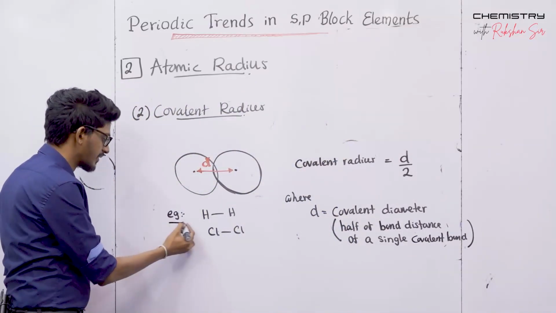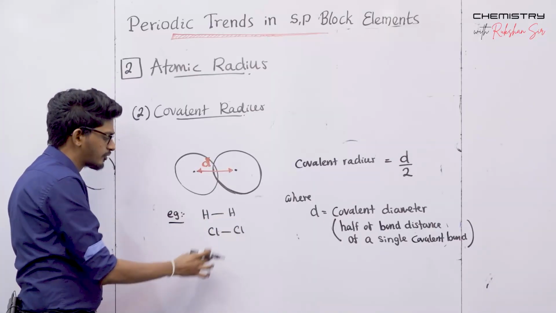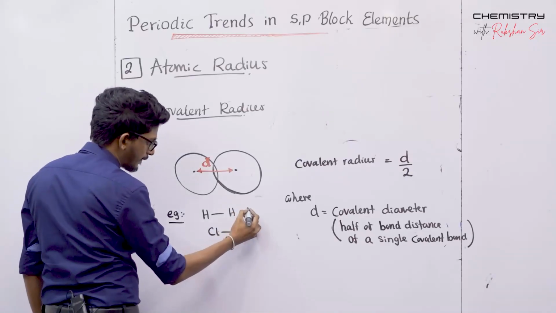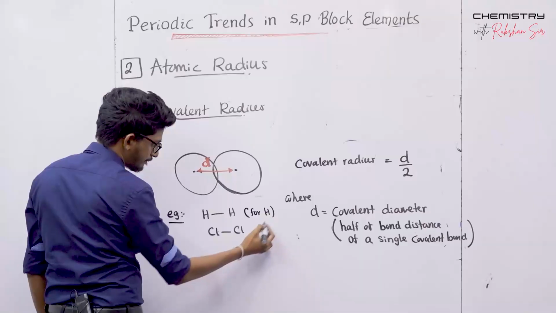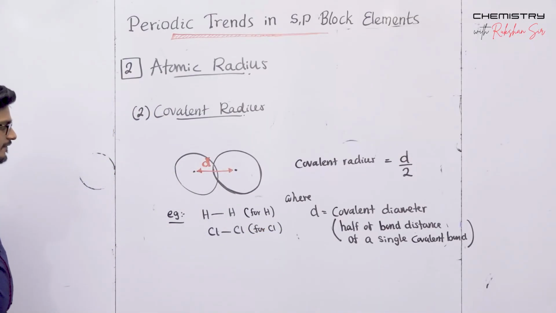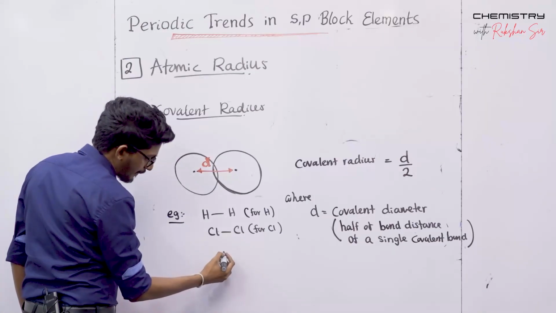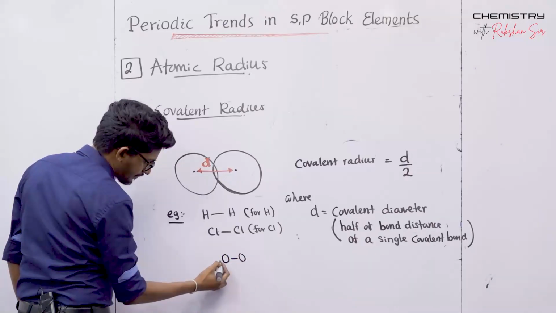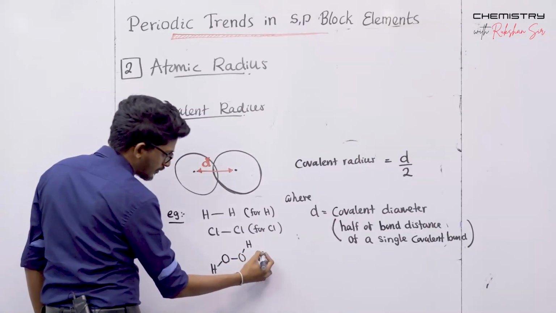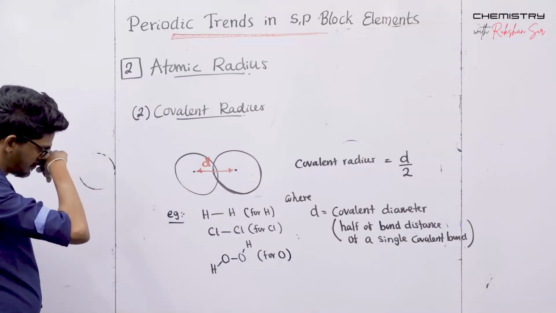So you can put some examples as well. The H2 molecule is used to calculate for hydrogen. Cl2 is used to calculate for chlorine. So normally for oxygen, we are not going for the O2 molecule, but we are going for H2O2 to calculate the covalent distance for oxygen.